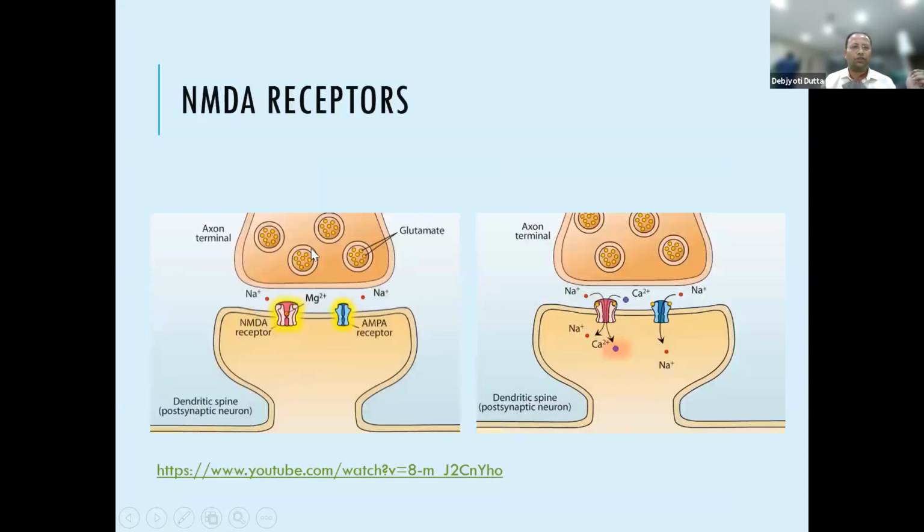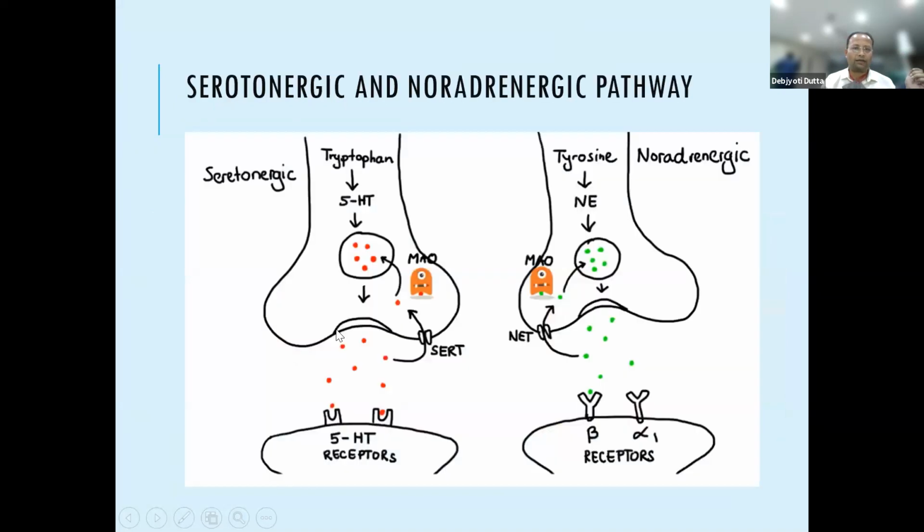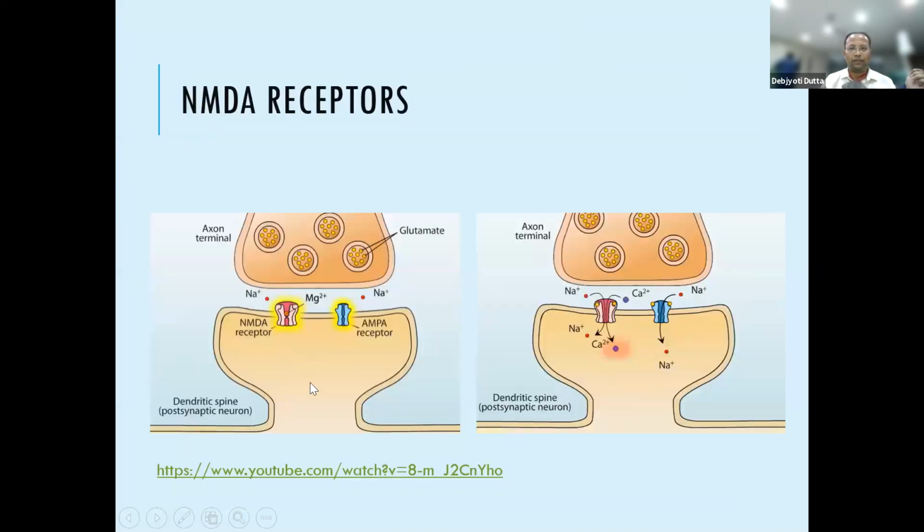NMDA receptors. So when glutamate is released, it activates the NMDA receptor, and sodium ions and calcium ions enter through this. So here also, if we give an NMDA blocker, then the NMDA blocker will go and stop this receptor from giving a channel for sodium and calcium.